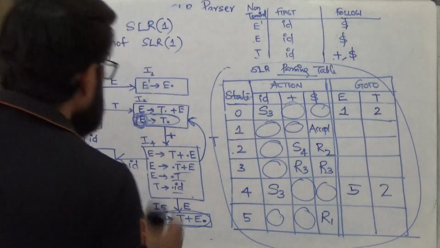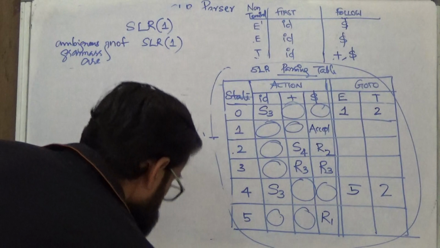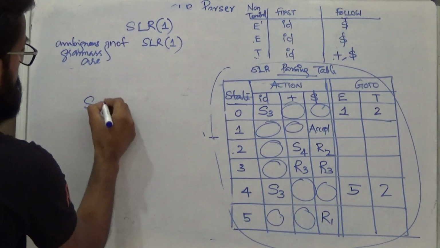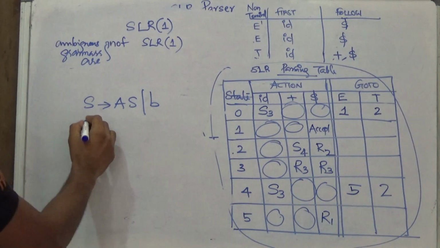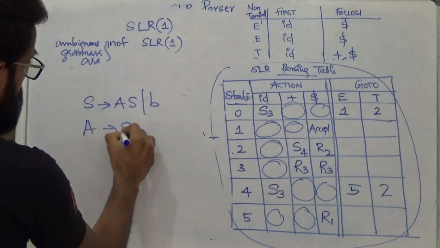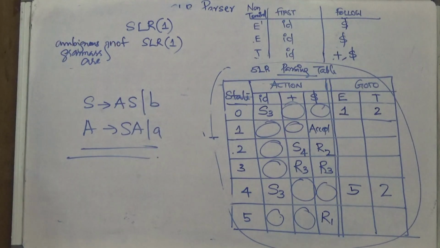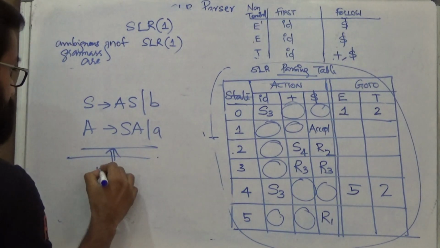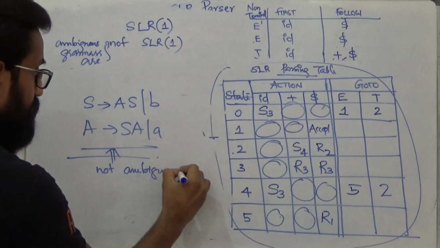So this is a typical example, sample grammar. So you are having S giving AS or B. You are having A giving SA or A. If you consider this particular grammar, this grammar is not ambiguous.